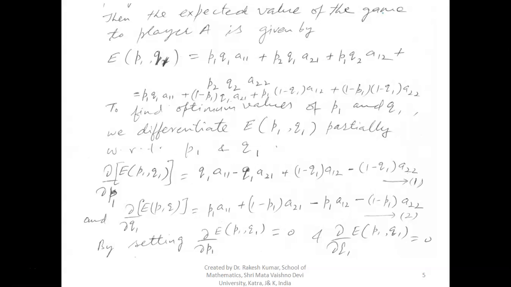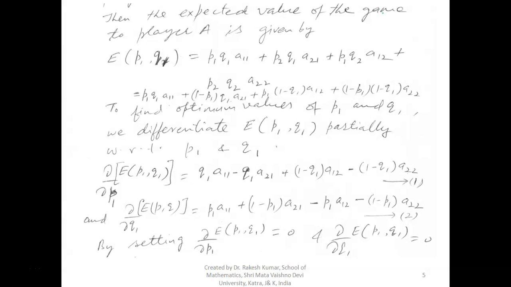So these probabilities multiply the payoff value, and this gives me the expected payoff, and I have to take into account all the payoffs that are possible. If the payoff is A21, then player A selects the strategy A2 with probability P2, and player B selects the strategy B1 with probability Q1.